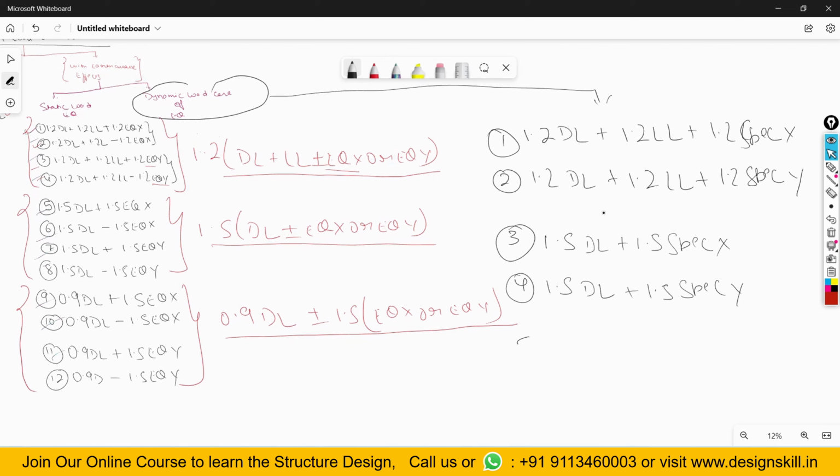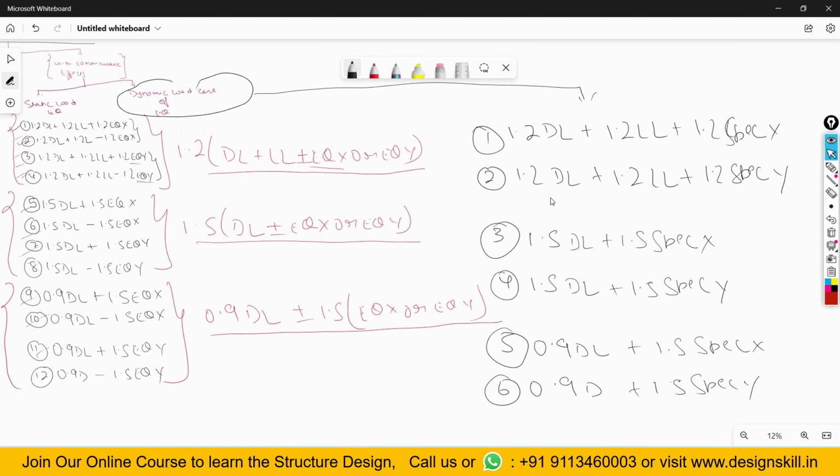Now the fifth load combination will be 0.9 dead load plus 1.5 spec X, and the sixth load combination will be 0.9 dead load plus 1.5 spec Y.